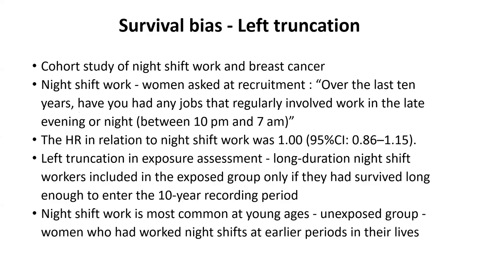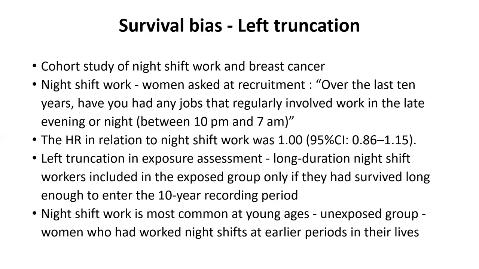This is another example, of left truncation bias. You are asking the history of night shift in the women in the nursing staff, and you want to see the association of night shift work and breast cancer. At the time of recruitment, you are asking about the history of night shift over the past 10 years. And you find that there is no association between night shift for 10 years and breast cancer.